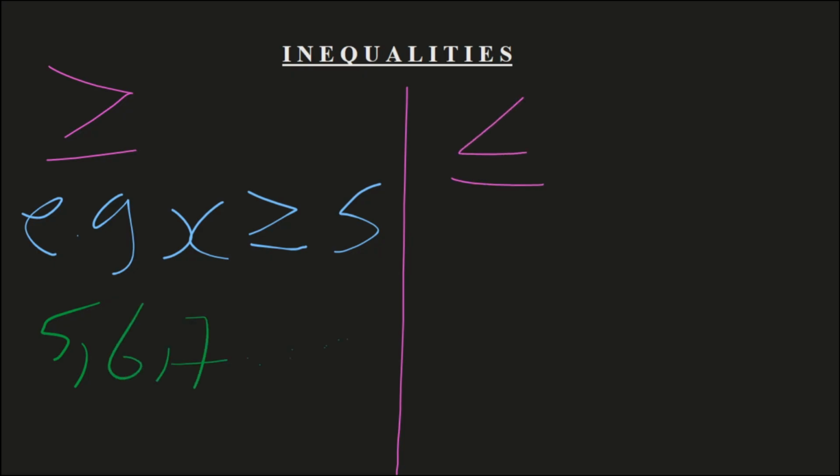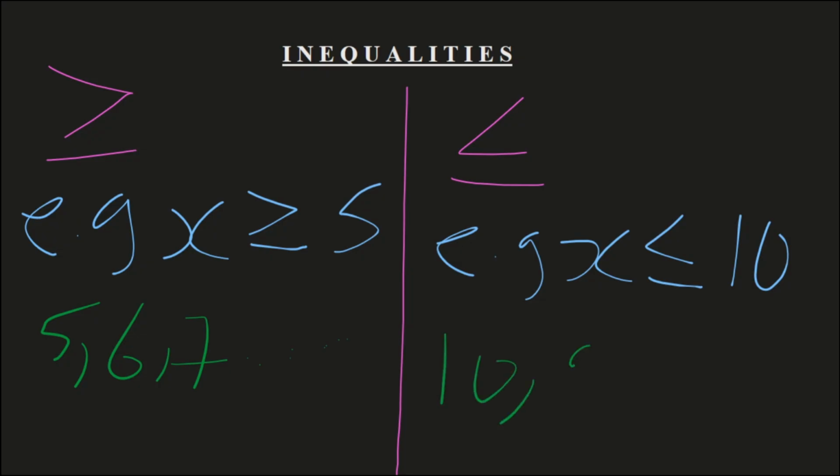Less than or equal to. This means the value can be equal to or less than the number. Example: x is less than or equal to 10. It means x can be 10, 9, 8, and below.